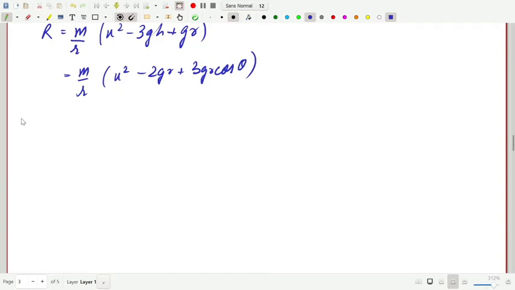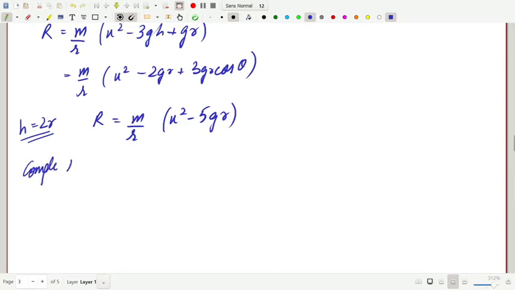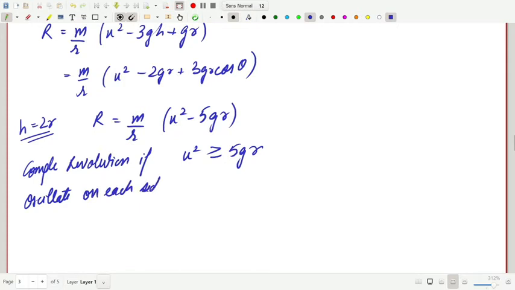At the highest point, that is for h equal to 2r, we have reaction is equal to m over r times u square minus 5gr, and hence it will have complete revolutions if u square is greater than or equal to 5gr, and it will oscillate on each side of the lowest point if u square is less than or equal to 2gr.